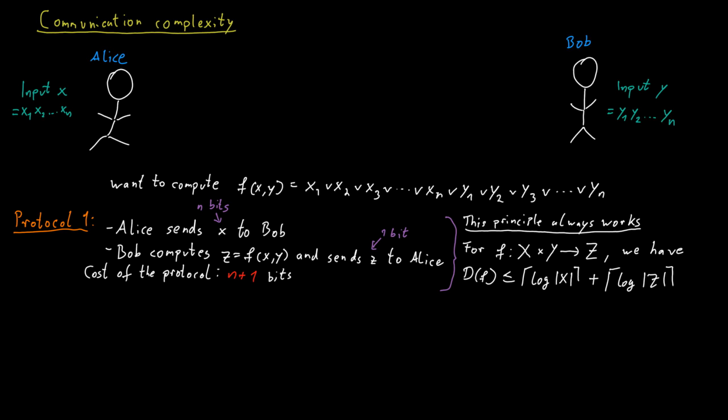Well, she just needs to indicate which input she got. And there are size X many different inputs. And so we only need to transmit log size of X many bits to identify a specific input. And then for the results, if the result space is Z, then we need to communicate back which specific result we got. And this requires log size of Z many bits.